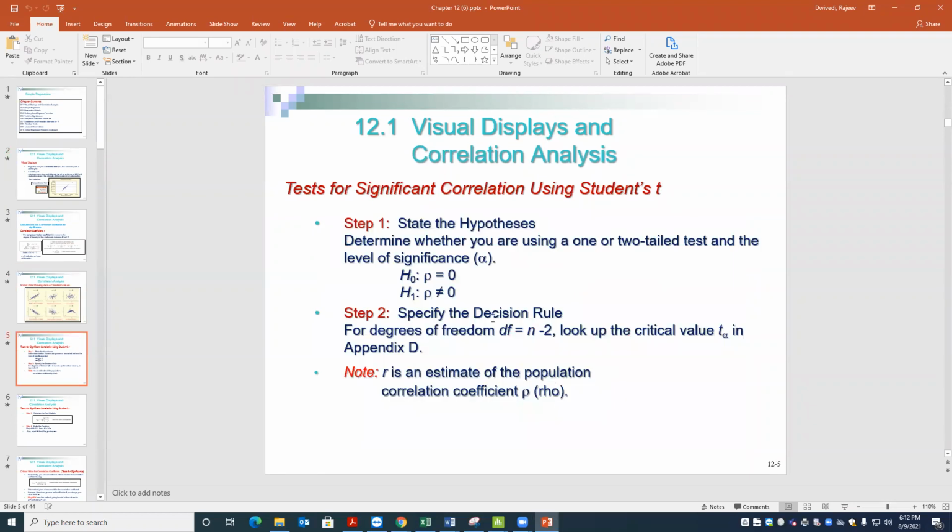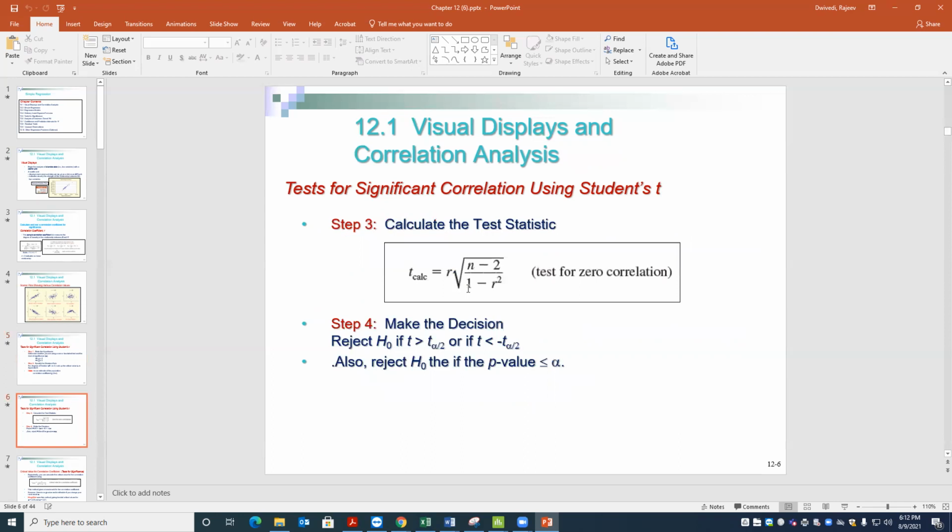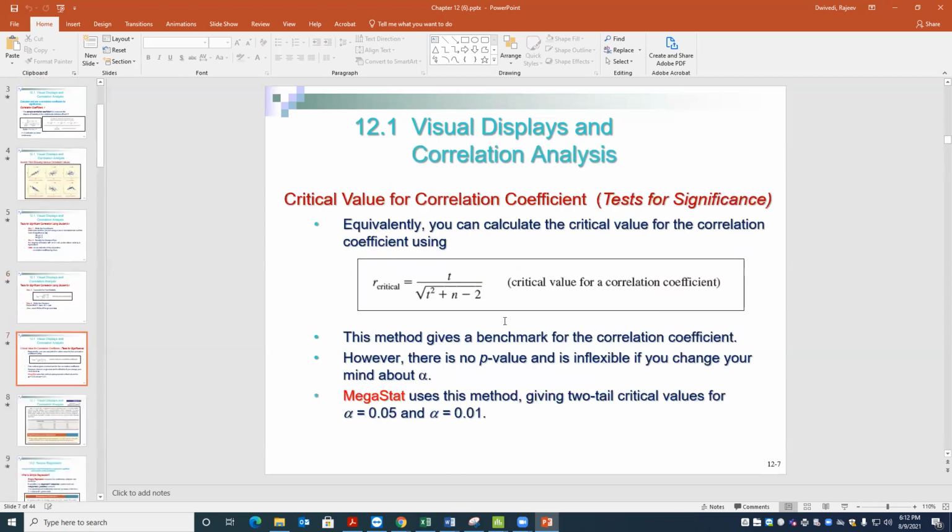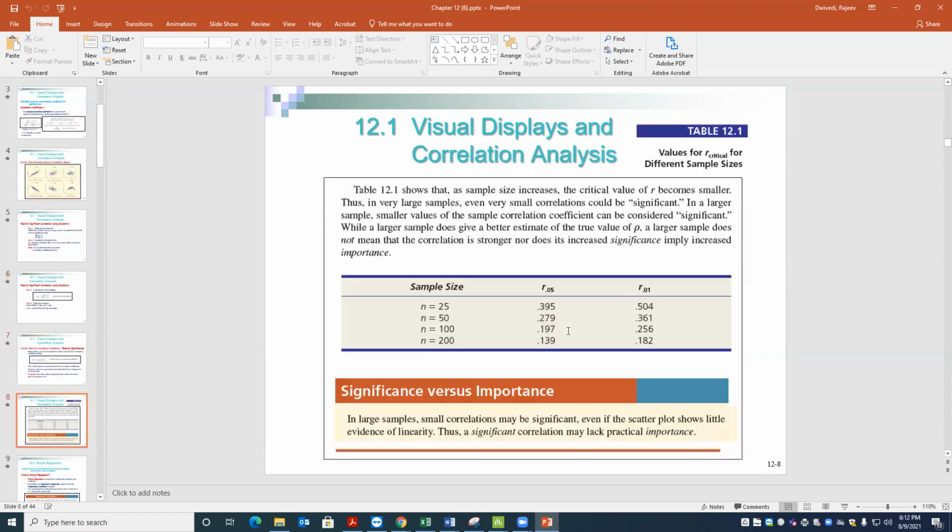So this is the first thing to check: whether the correlation is significant or not. I already explained this: rho equal to 0, rho not equal to 0. We get all these statistics, so I'm not talking about this.